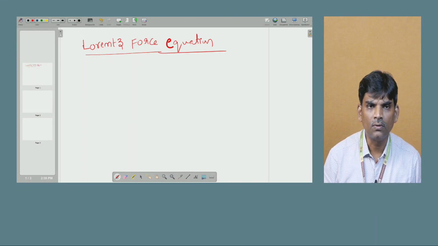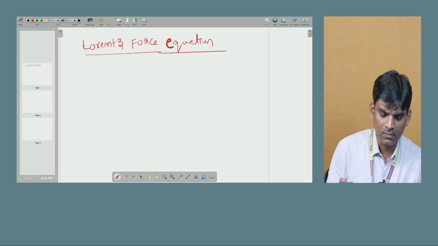Today I am going to explain the Lorentz force equation. Whenever a charged particle is placed in a magnetic field as well as an electric field, it experiences some mechanical force.